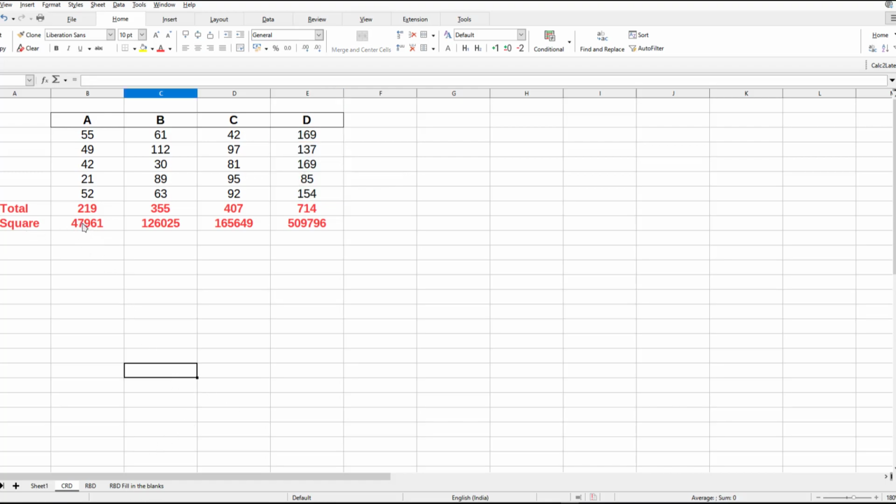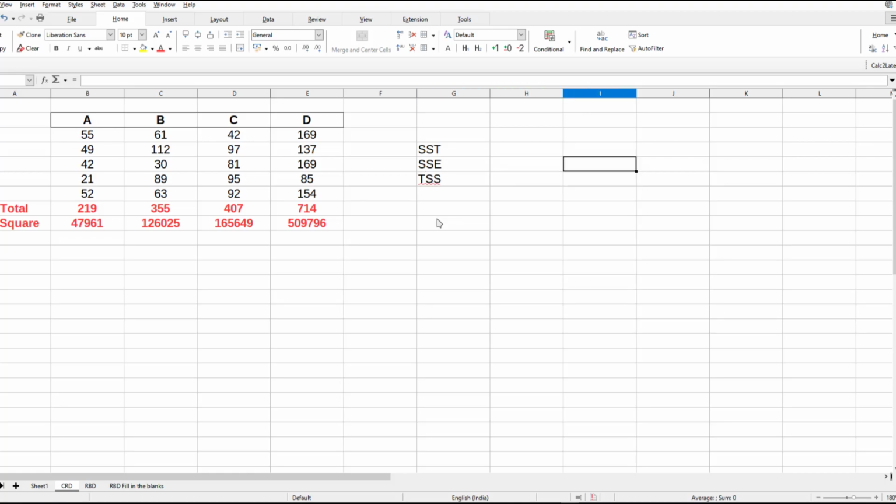In this, T square means the square of the total, that means I am squaring 209, so 209 squared is 47,961. Similarly 355 squared, 407 squared and 714 squared. This is T square. For the calculation we need the sum of squares due to treatment, the sum of squares due to error, and the total sum of squares.